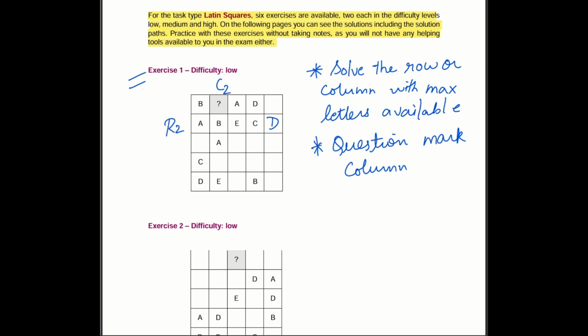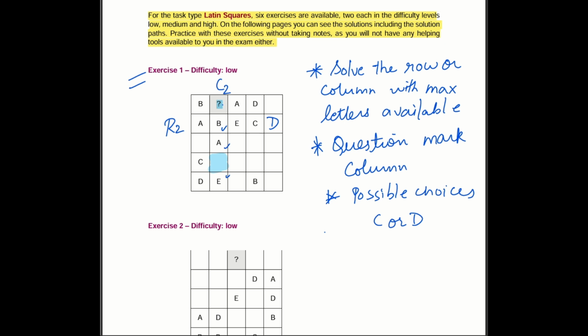Here we have this box that is empty, and this box that is empty. So what would be the possible choices? B, A, E are already present, so it would be C or D.